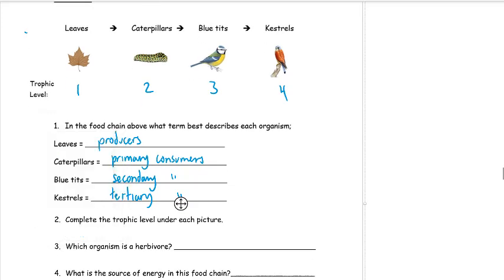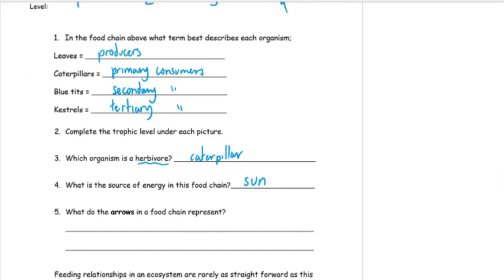Which organism is a herbivore? So which one eats plants? Is the caterpillar. What is the source of energy in this food chain? Same as every food chain in the world, the sun. And then what do the arrows in a food chain represent?